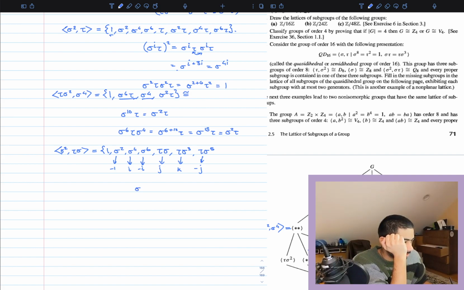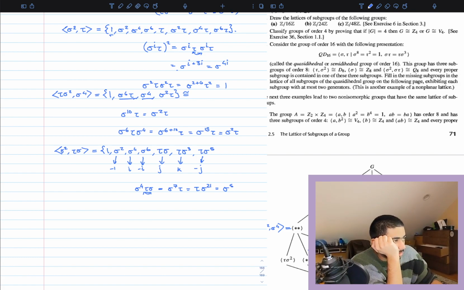I should verify that multiplying by sigma 4 on the left and right doesn't change anything. So let's take a look at sigma to the 4 tau sigma. We can swap these two and get sigma to the 7 tau, which is, oh, we want it in this form, right? So I guess now we swap again and get tau sigma to the 3 times 7, which is 21. 21 is in fact 5 more than a multiple of 8, and so this is sigma to the 5.